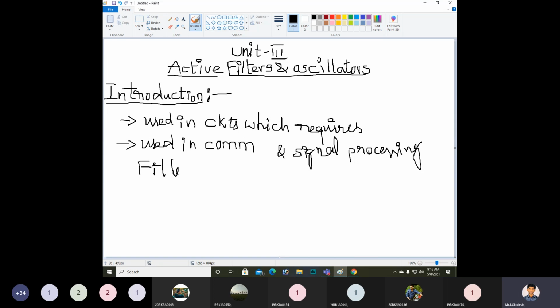The first one is the passive filter, and the second one is the active filter.